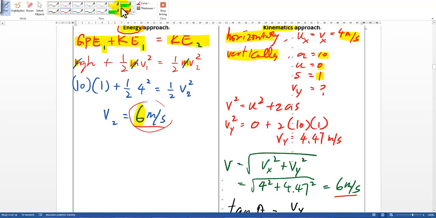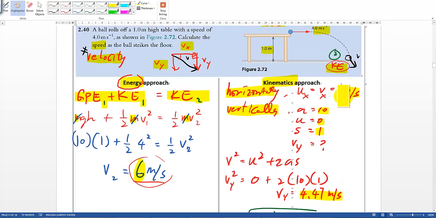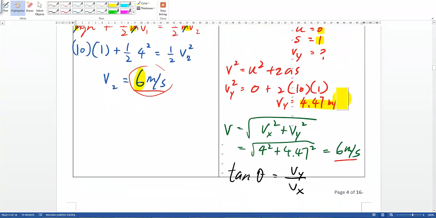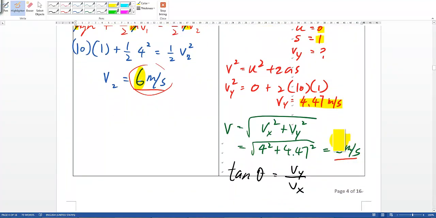After you find out the calculation using the kinematics equation, that will be 4.47 meters per second, together with the earlier 4 meters per second from the question, using Pythagoras Theorem, you'll be able to find the same result, interestingly.